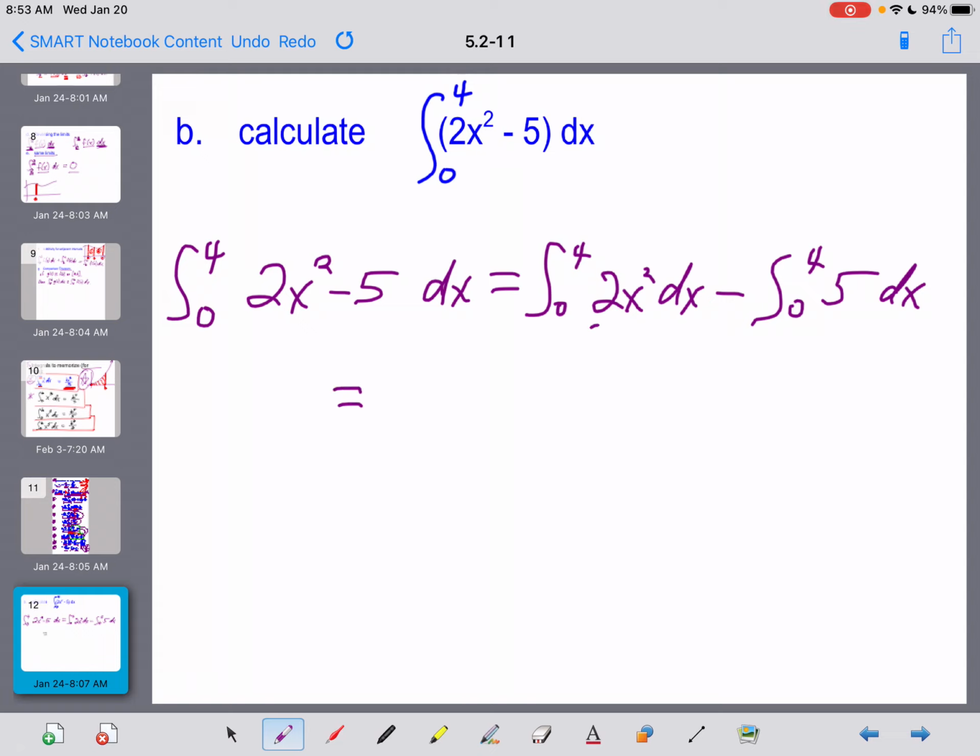Okay, this is getting closer to something that I know, but I'm going to now use the constant multiple rule and pull that 2 out in front. So this is now 2 times the integral from 0 to 4 of x squared dx minus, now let's take a look at what's going on here. This is the integral from 0 to 4 of a constant.